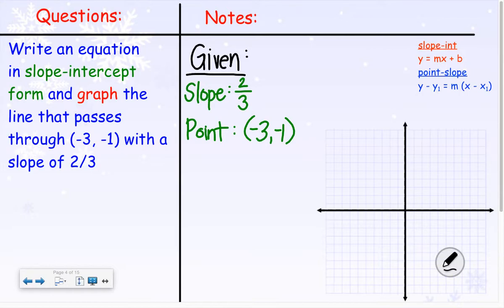I know the slope, so I could use this form or this form. I also know a point, so since I have both things for point-slope form, that's the form I want. So y minus negative 1 equals my slope times x minus negative 3.